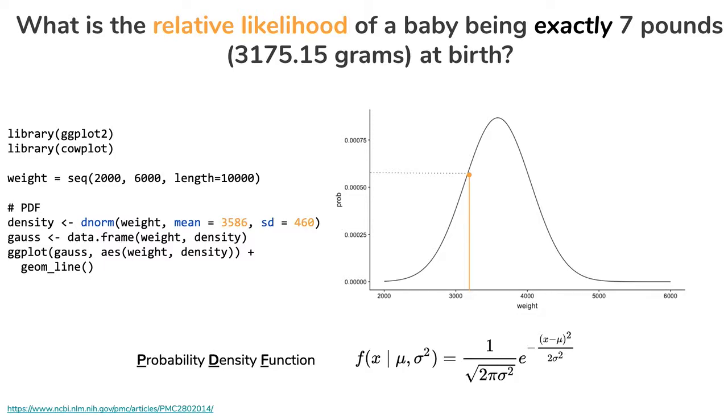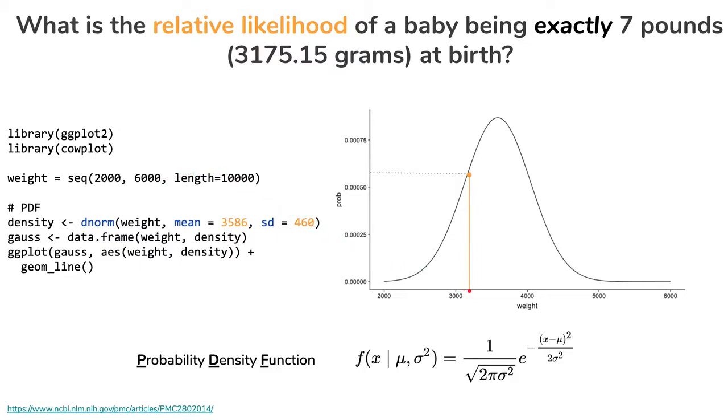Okay, so we can use that mean and standard deviation along with this d for density from the normal distribution to calculate the exact probability of all weights between 2,000 and 6,000 grams. I just chose those numbers arbitrarily. You could go all the way out to 0 grams, which I think is impossible, to 100,000 grams, right? Essentially what it's doing is returning the probability.